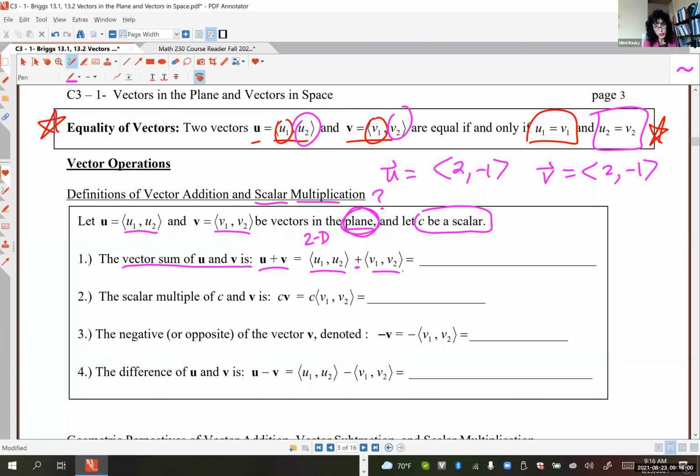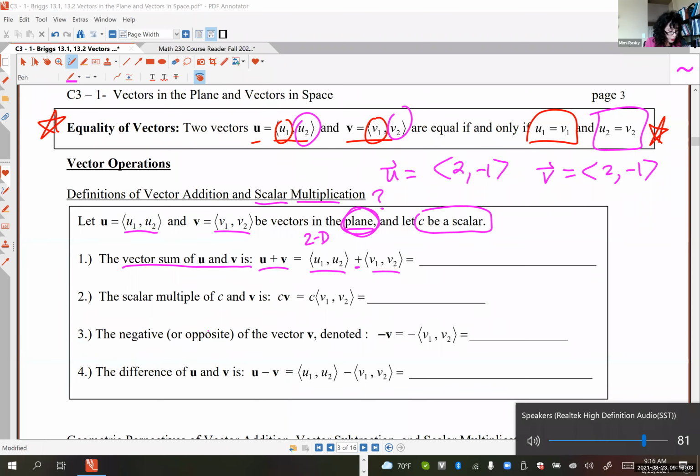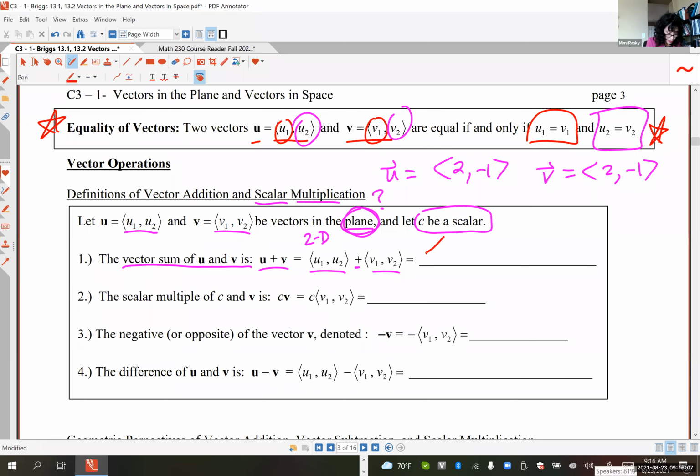Well, I do claim the result is a vector, so you are going to want to use the angular brackets. You're going to go bracket, bracket, leave some room in there, and you're going to have 2 scalars separated by a comma.